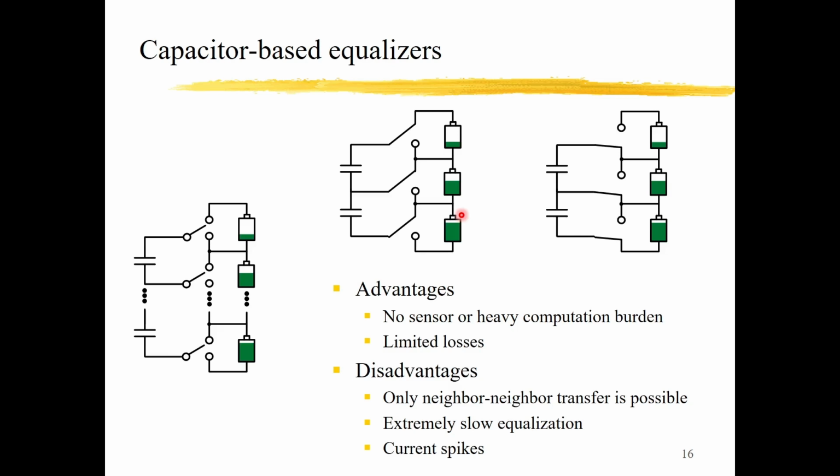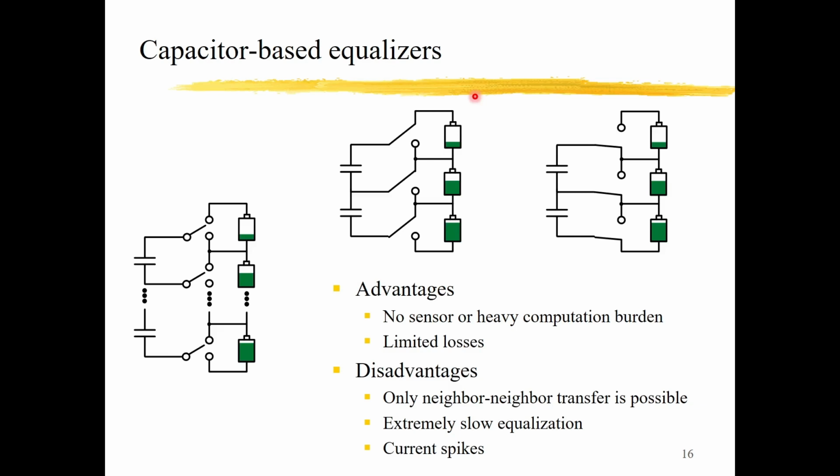But now we want to balance the batteries. So finally, the battery voltage difference between the cells will be small. That is our target. But the small voltage difference will result in even smaller energy transfer.